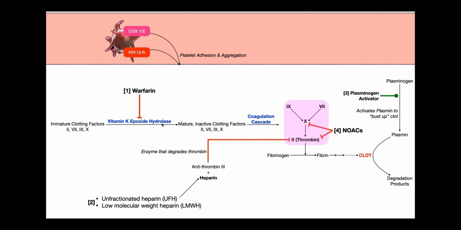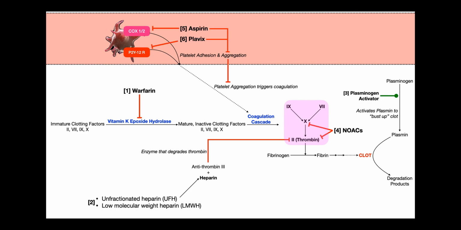So it doesn't actually inhibit vitamin K epoxide hydrolase. Instead, it actually inhibits directly one of these two clotting factors, either factor 10 when it's activated, or activated factor 2, also called thrombin. And of course, by inhibiting these two enzymes, factor 10 and factor 2, we get less fibrin and less clot. So you can see there that those would be anticoagulants.